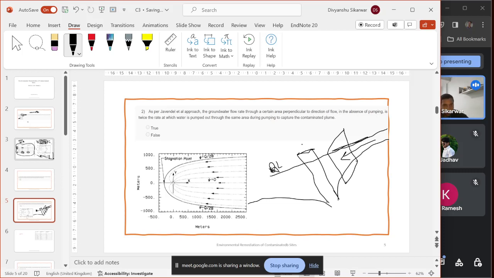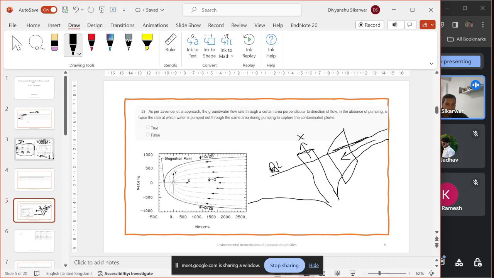And this is the well, so we are pumping out water from this well. But the question is saying, in the absence of pumping, the flow is twice the rate at which water is pumped out.